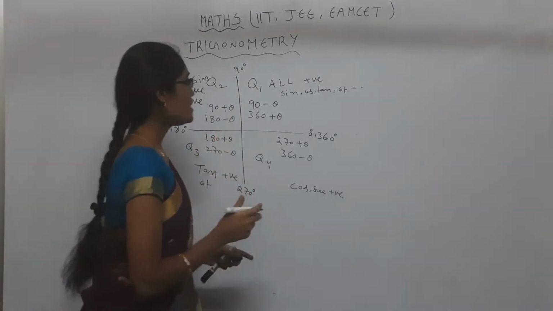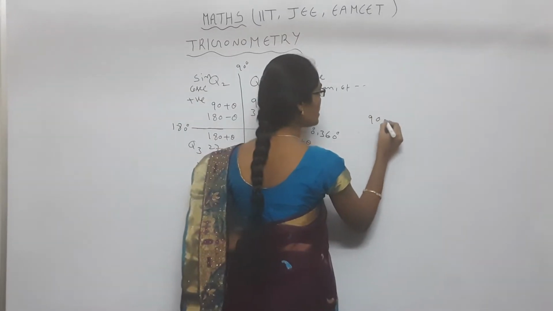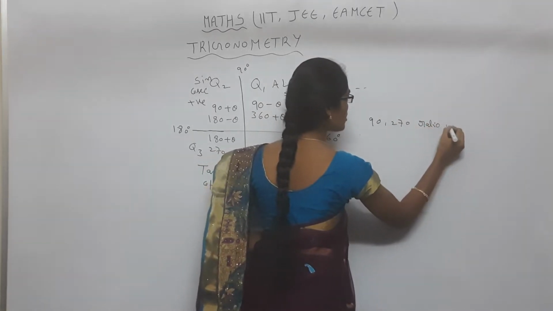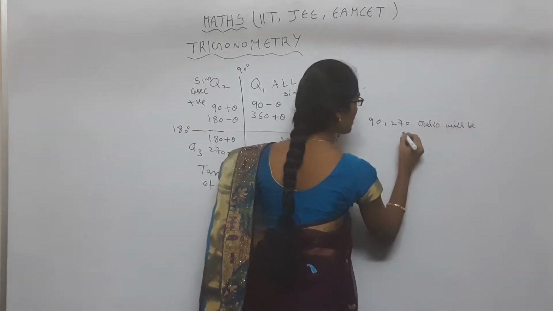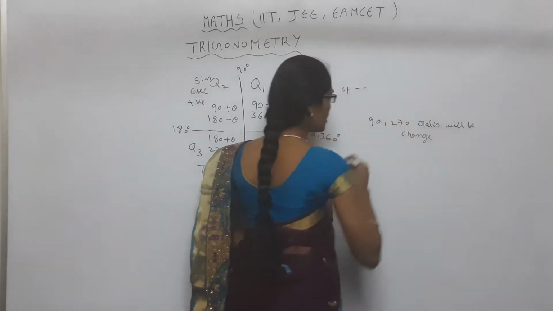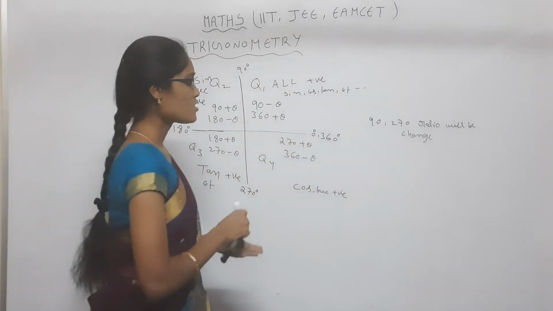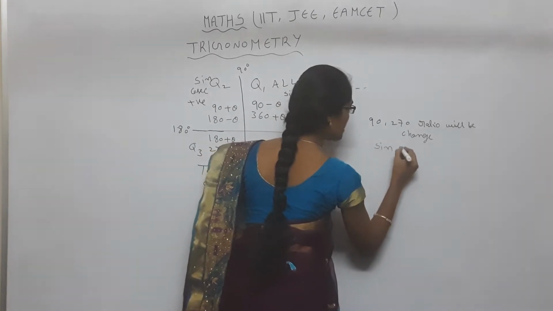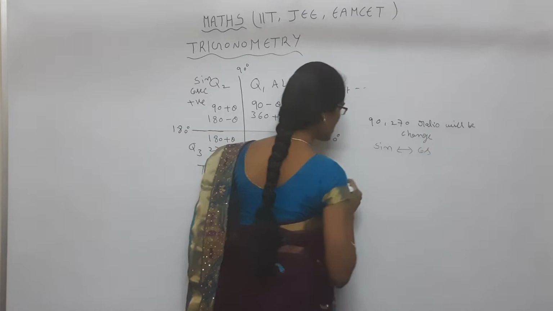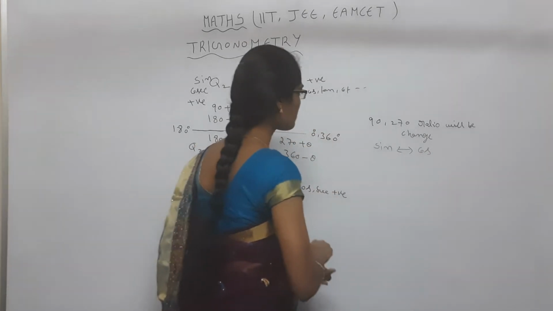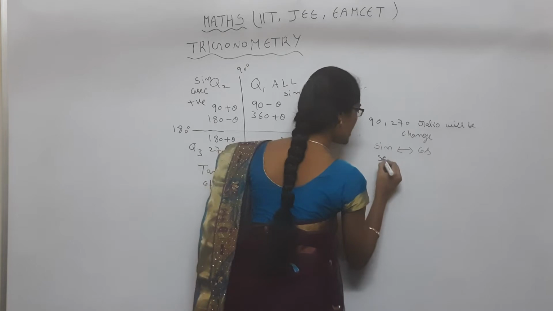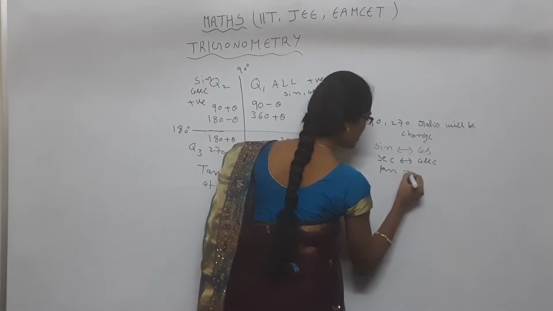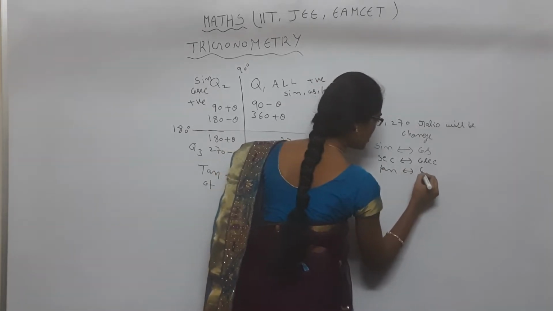See here, for 90 and 270, the ratio will change. Suppose for 90, sine changes into cos, cos changes into sine, secant changes into cosecant, tan changes into cot.